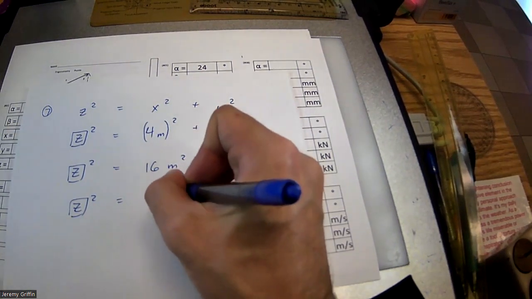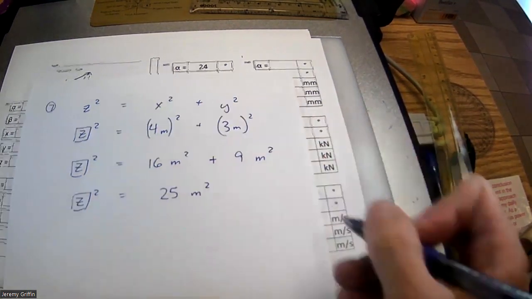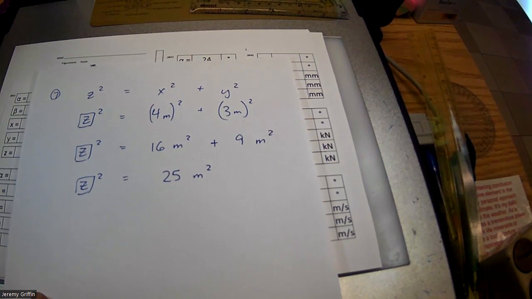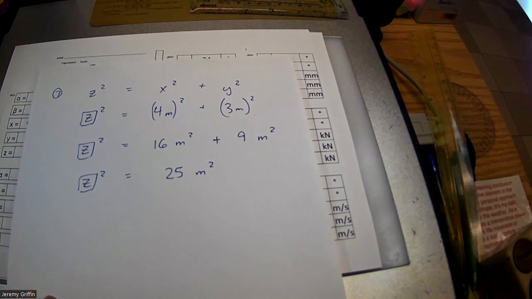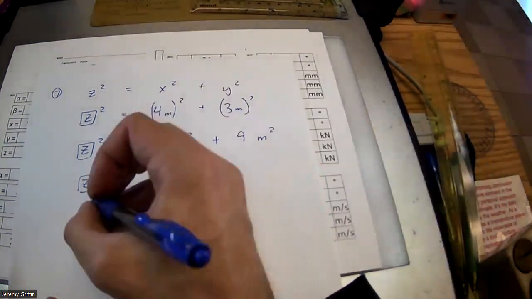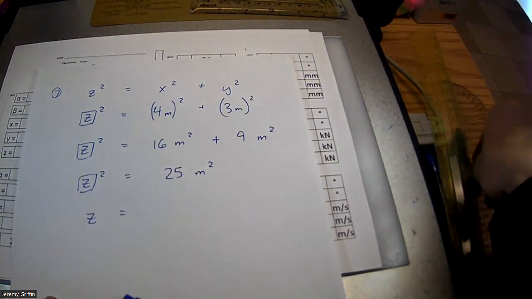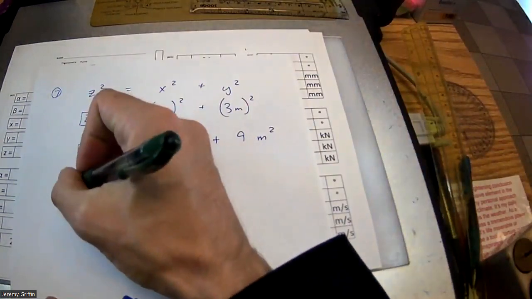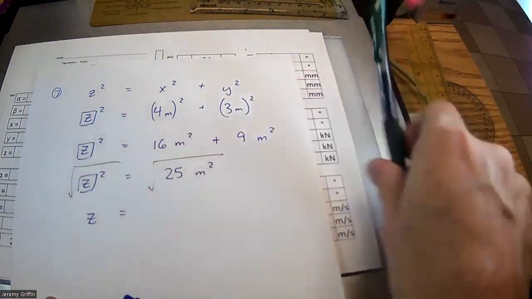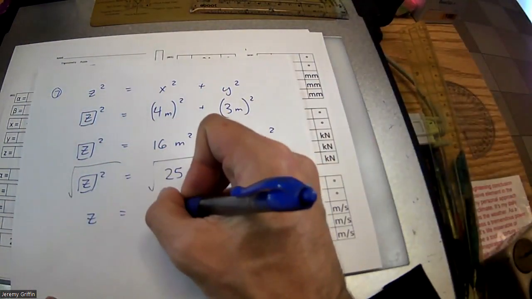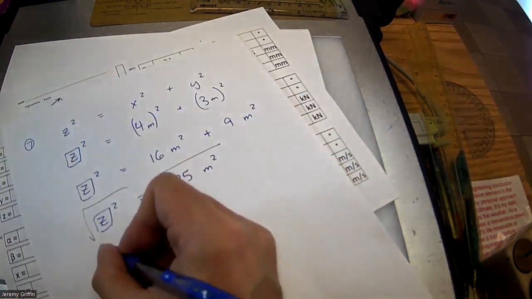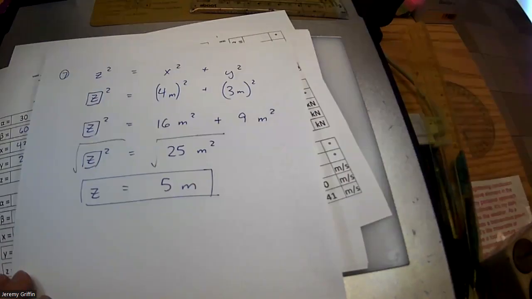So 25 square meters. And your very last step is to do what? Take the square root. 5 meters. 5 meters exactly.